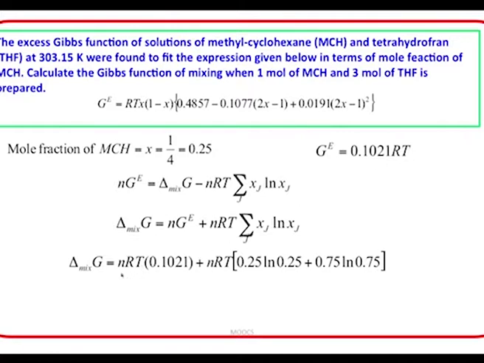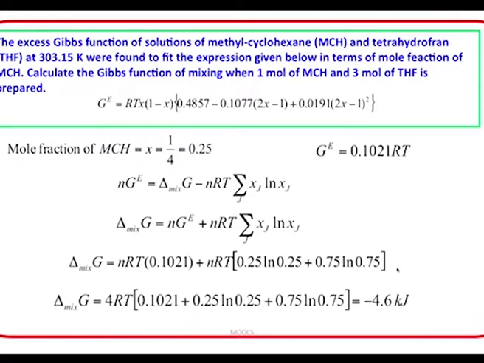We have to put N because R is joules per Kelvin per mole. So therefore we put N equal to 1 plus 3, as we just discussed, N is equal to 4. And then mole fraction of MCH is 0.25, so obviously mole fraction of THF is 0.75. So once you solve this, you get the value equal to minus 4.6 kilojoules.